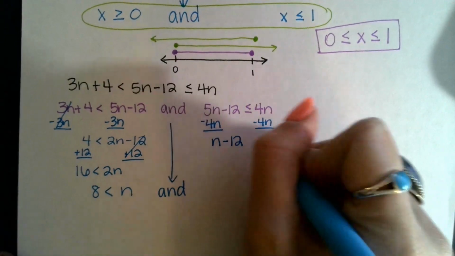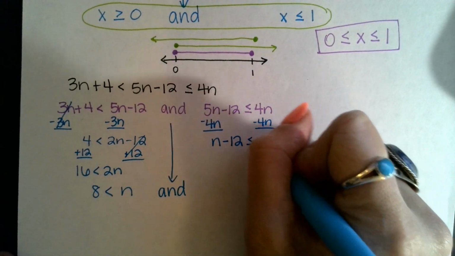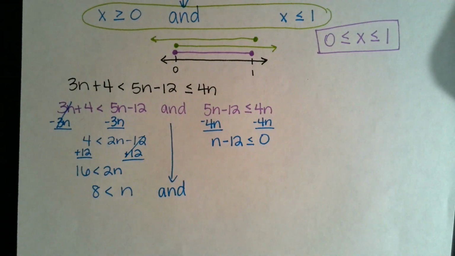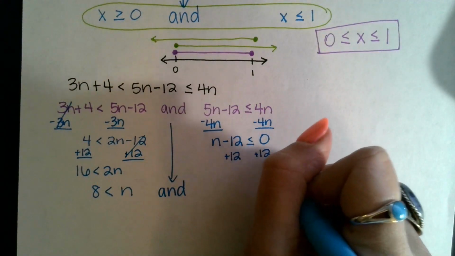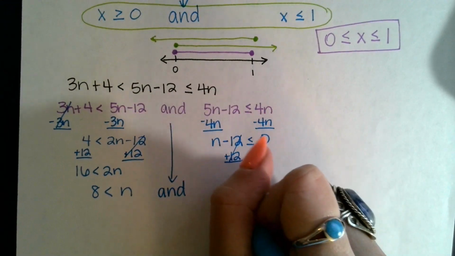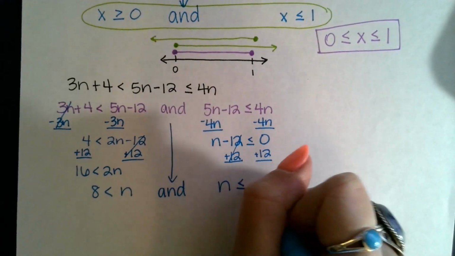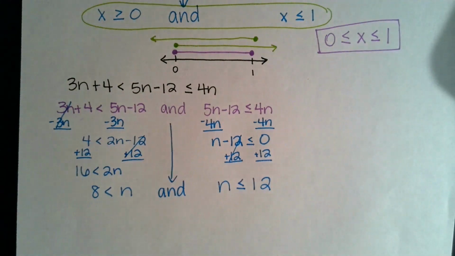That's going to give me n minus 12 is less than or equal to 0. Or n is less than or equal to 12.